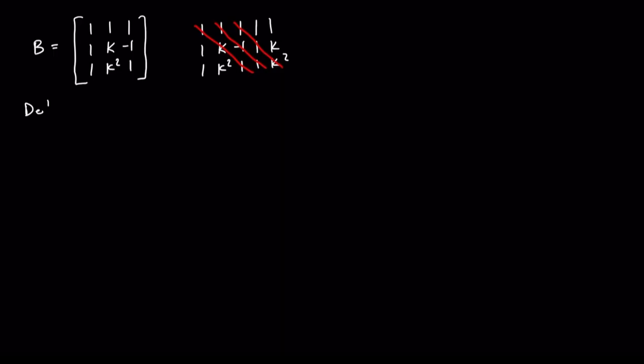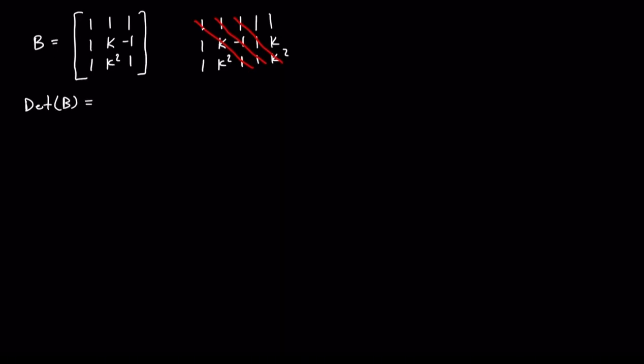So the determinant of the matrix B is going to be 1 times k times 1, so that's just going to be k. And now we have 1 times negative 1 times 1, so that's going to be negative 1. So negative 1 plus we have 1 times k squared, so that's k squared.